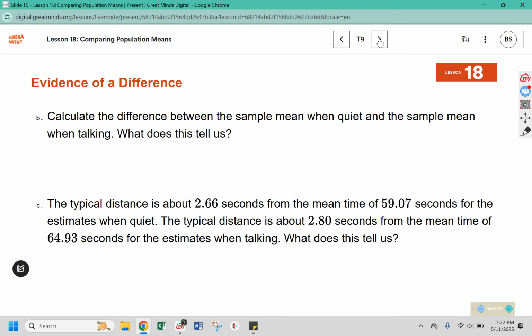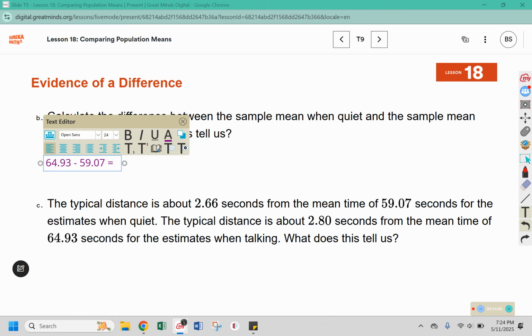Calculate the difference between the sample mean when quiet and the sample mean when talking. What does this tell us? When we subtract, we get 5.86 seconds of difference.